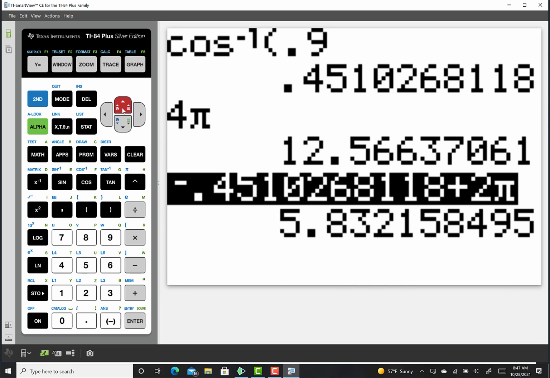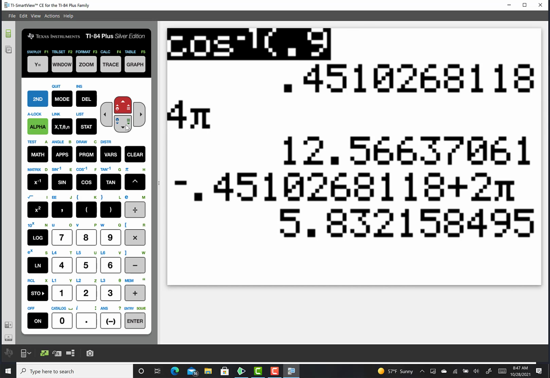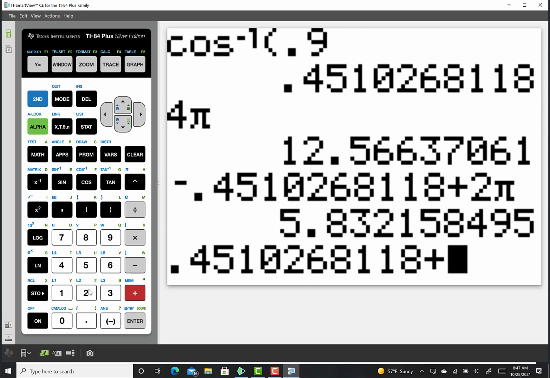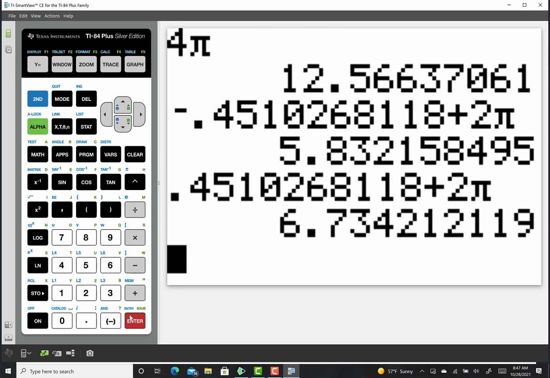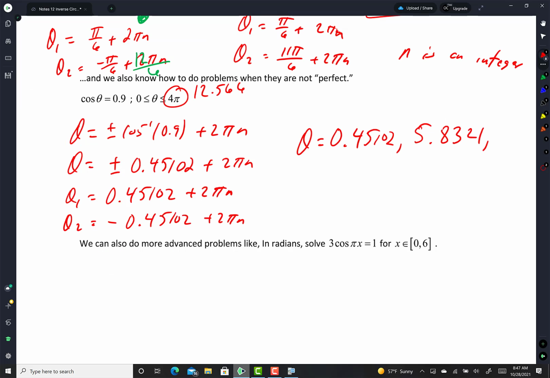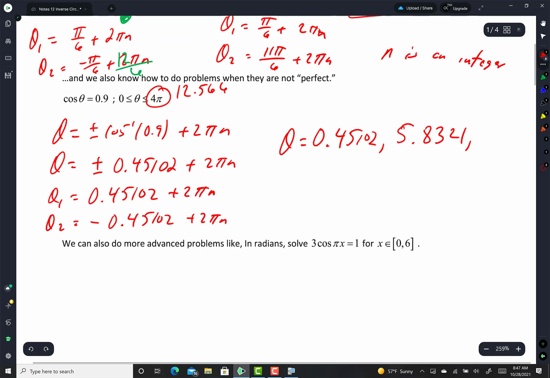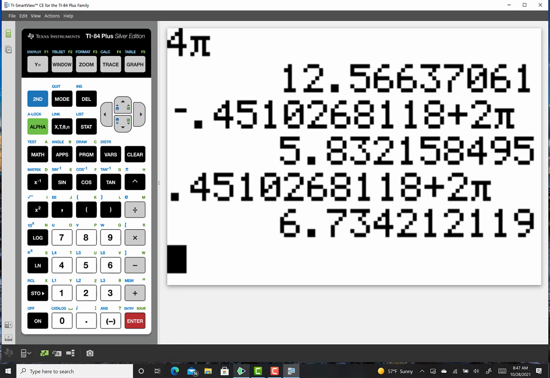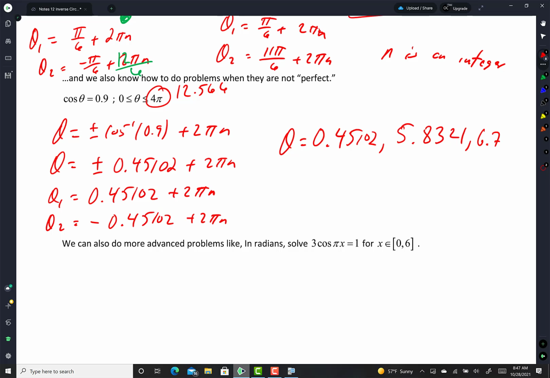So, 6.7342. Comma, at least 3 digits after.